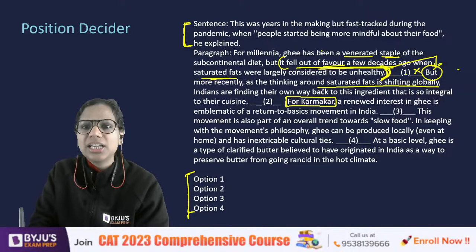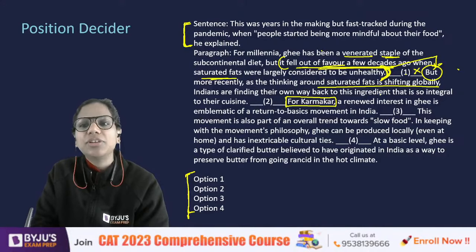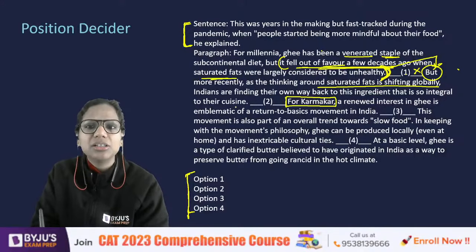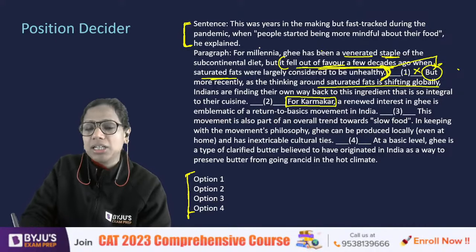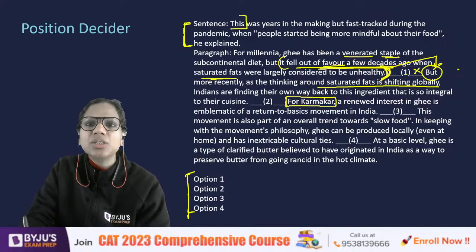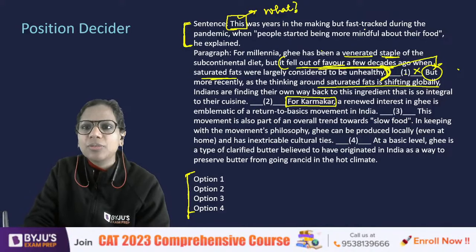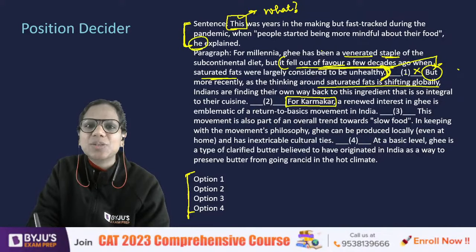But more recently, as the thinking around saturated fats is shifting globally, Indians are finding their own way back to this ingredient that is so integral to their cuisine, right? Now, here there's a blank, and maybe it can come here. But let's look at the sentence. This was years in the making. What was years in the making? But fast tracked during the pandemic, when people started being more mindful about their food, he explained.